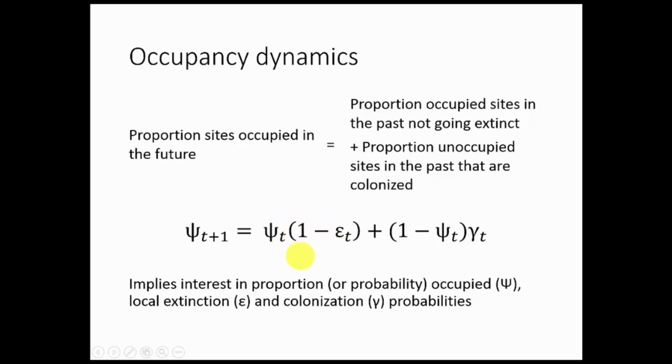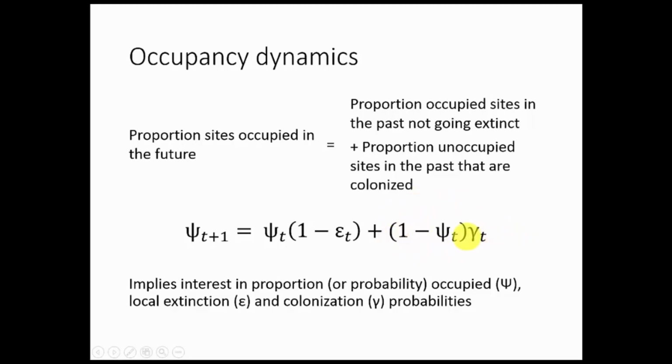So the product of these two terms then represent the probability of occupancy at the sites that do not go locally extinct, plus 1 minus the probability of occupancy at time t represents the probability that a site is unoccupied, times the colonization rate at time t.